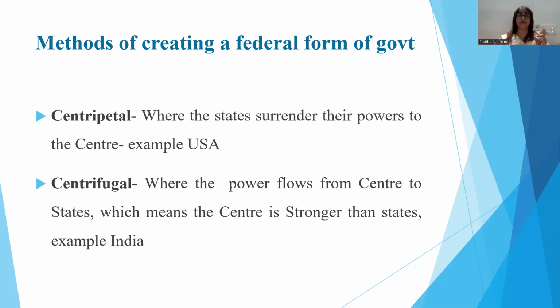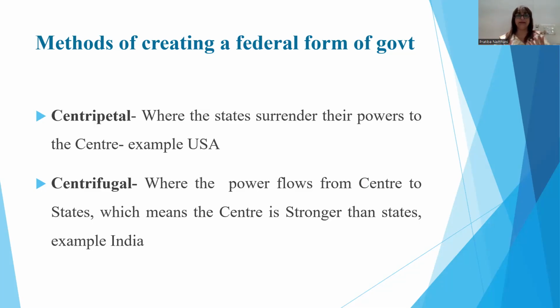The centripetal method is the method followed by the USA, whereby the states which are outside, independent of each other, come closer, surrender some of their powers to the center, and form the federation. Just to explain this for your understanding, when the United States of America was formed, these were 13 independent countries.